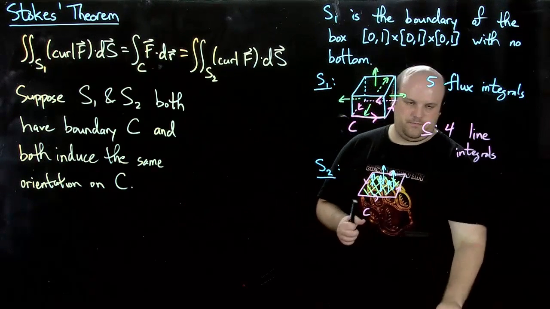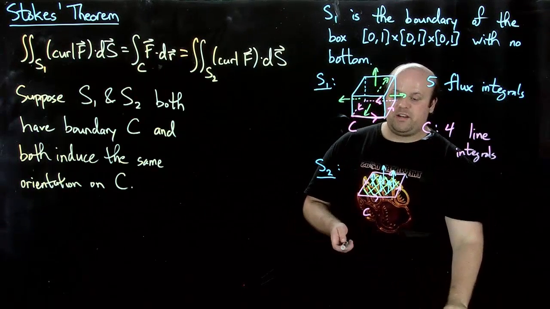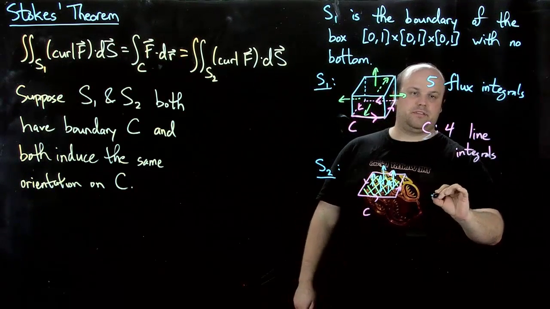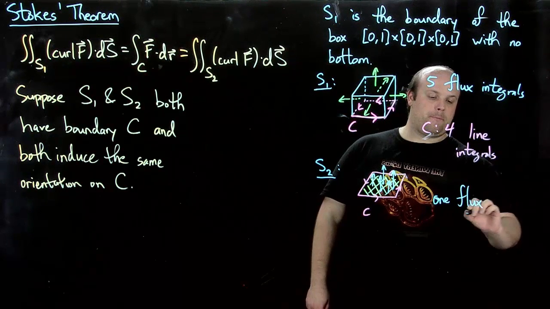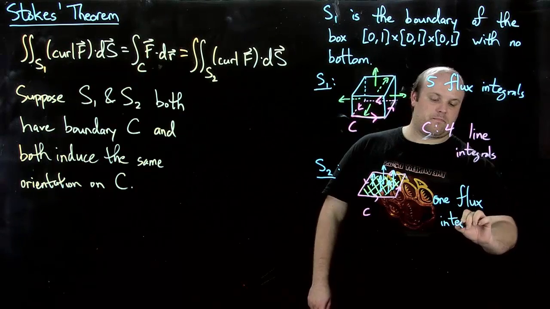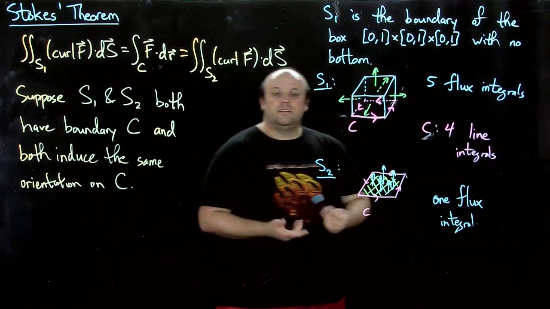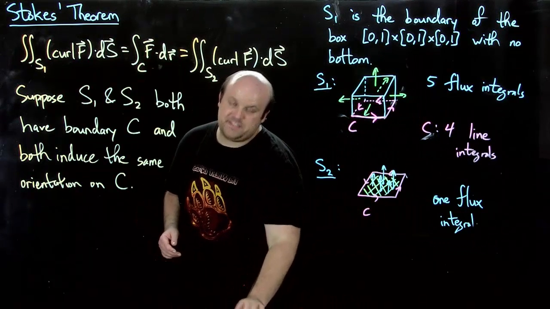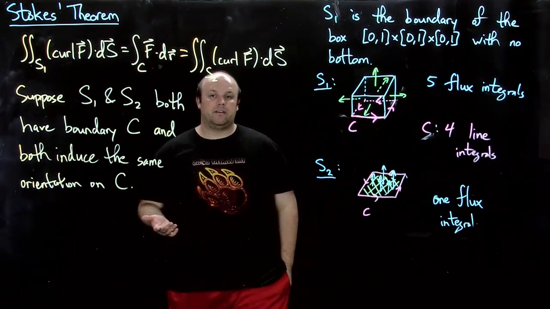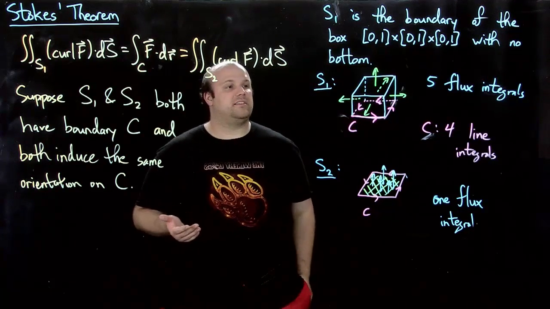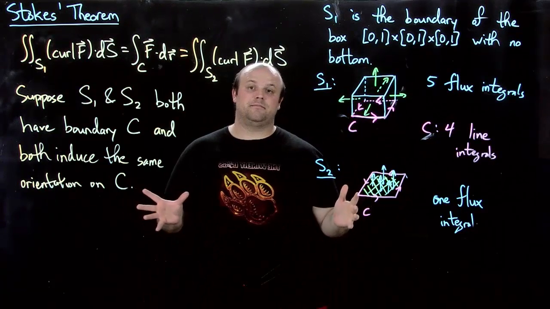But if we go down here to S2, this is 1 flux integral. So that's another benefit of Stokes theorem: it lets you swap this messy, terrible surface for one that's nice.